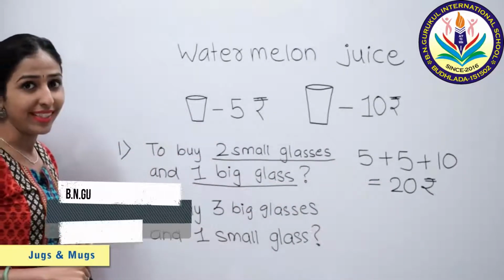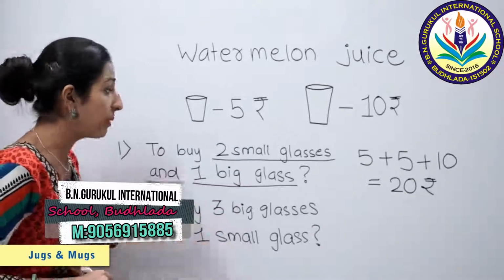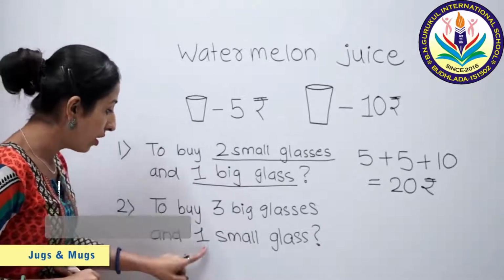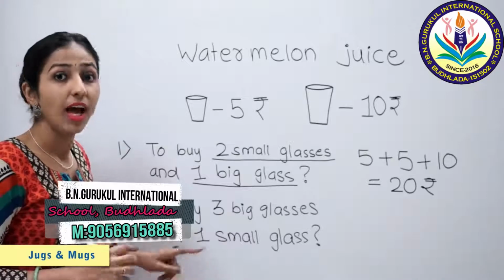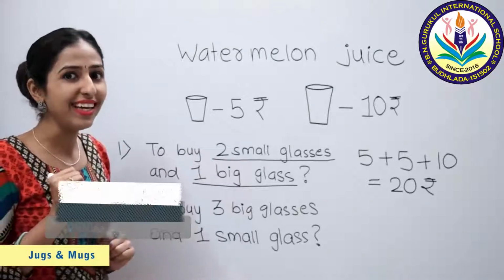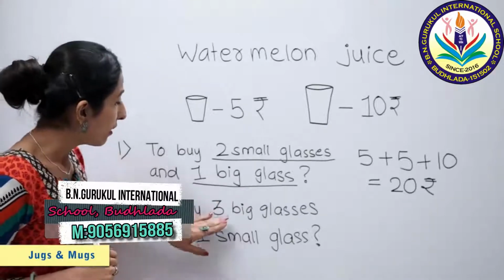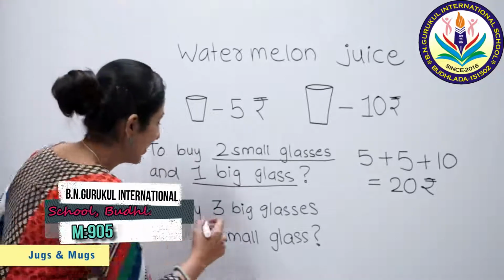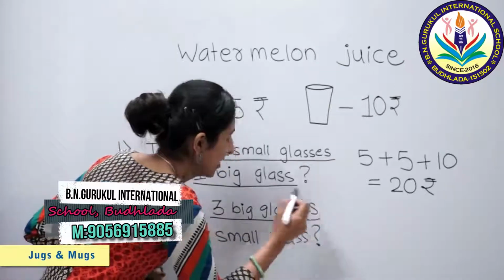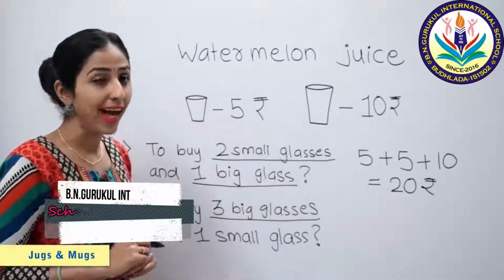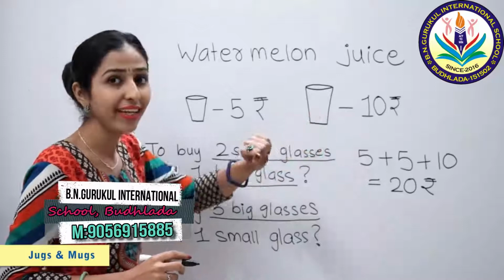Now tell me students, to buy 3 big glasses and 1 small glass, how much money you will need to pay? Let's count. We have to buy 3 big glasses. 1 big glass is for rupees 10.